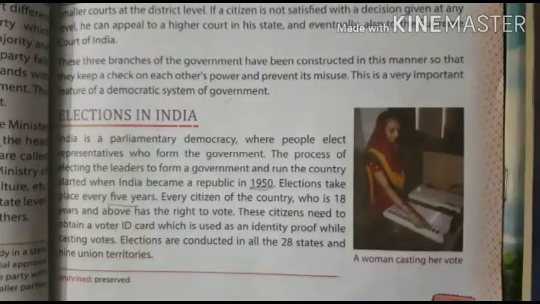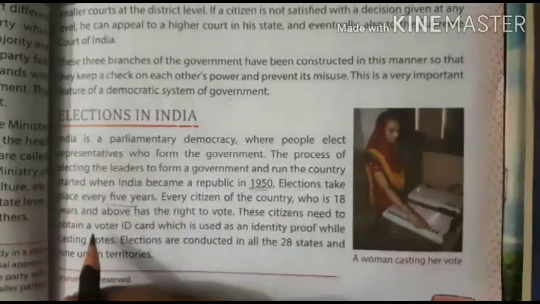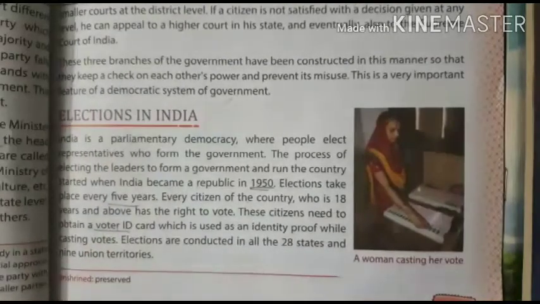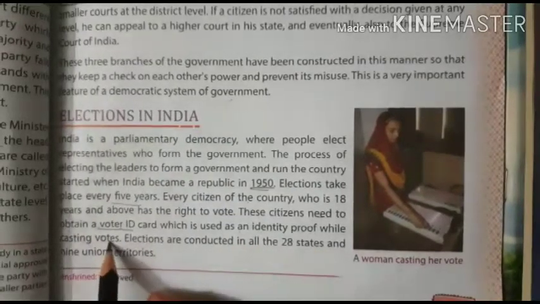To cast the vote, you need an identity card. Then only you will be allowed to vote. That ID card is known as the voter's ID card. It is used as identity proof while casting votes.